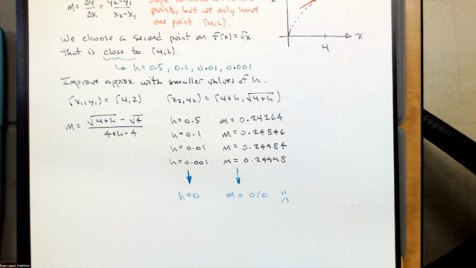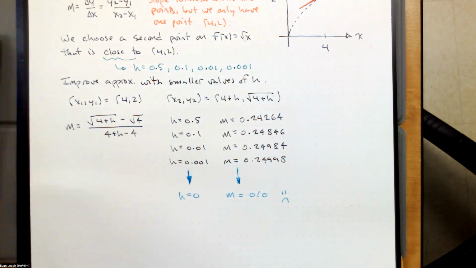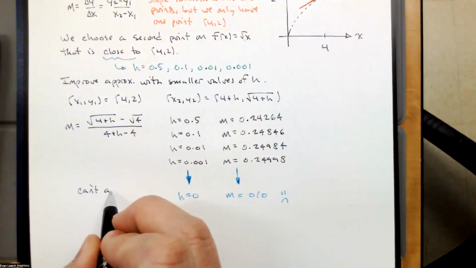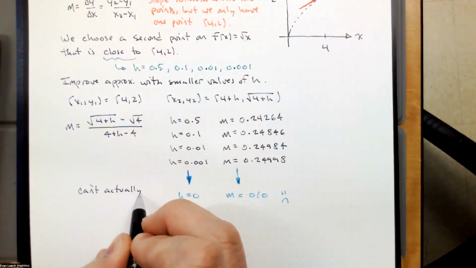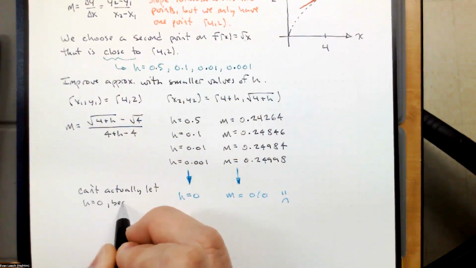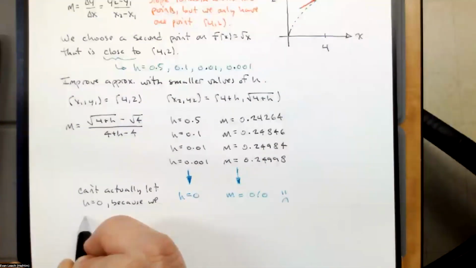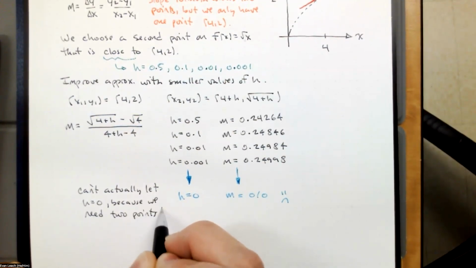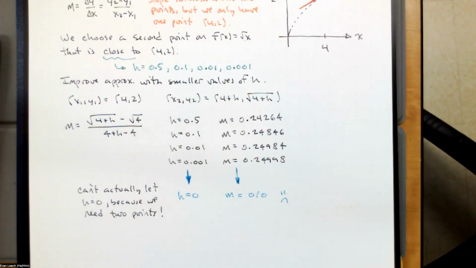You don't get to say 0 over 0 is 1/4 in this case, but it's going to be. So we can't actually plug in 0. So we have to look at what happens as we're headed towards 0. Because we need 2 points. h equals 0 means we got 1 point.